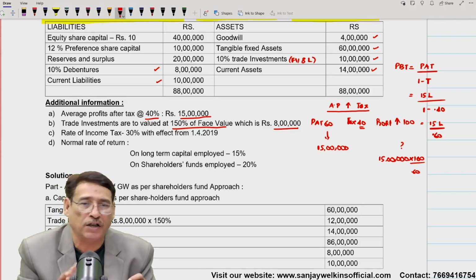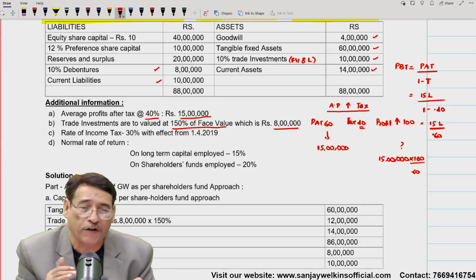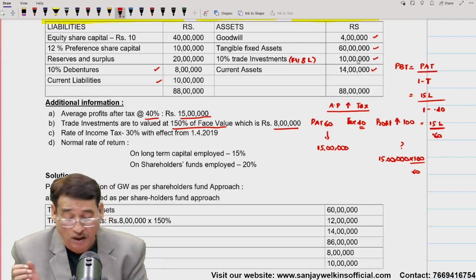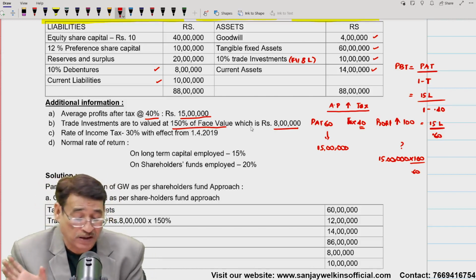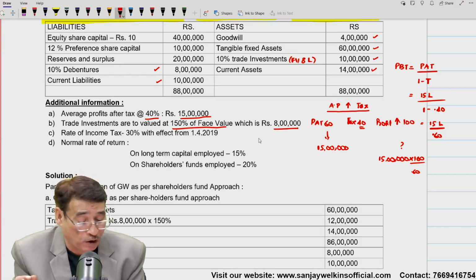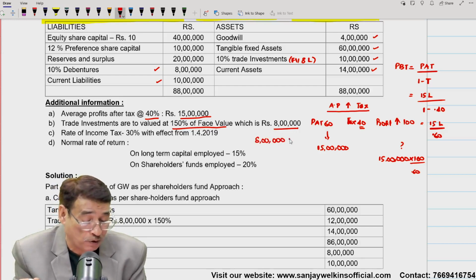We got an investment with a face value of 8 lakh, but we paid 10 lakh for the same. Now the question is telling us trade investments are valued at 150% of face value. Because face value is given to you as 8 lakh, if you compute 150% of the same, you will get 12 lakh. So the value of your investment now is equal to 12 lakh.